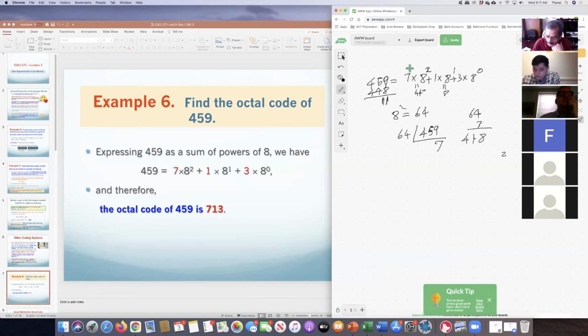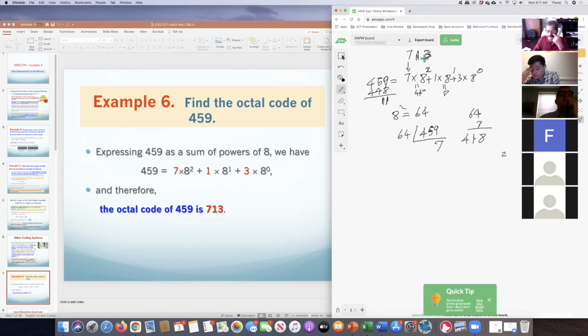So these digits in front of the powers of 8, 7, 1, and 3, will be the code. 713 is the octal code of 459. So go ahead. Question? No, I got it. All right.